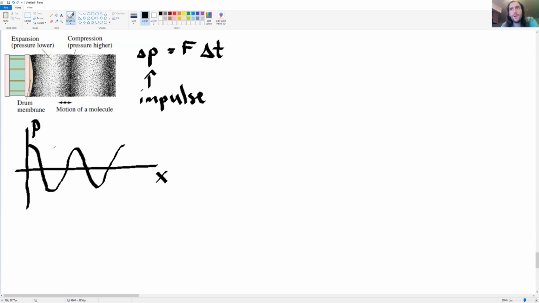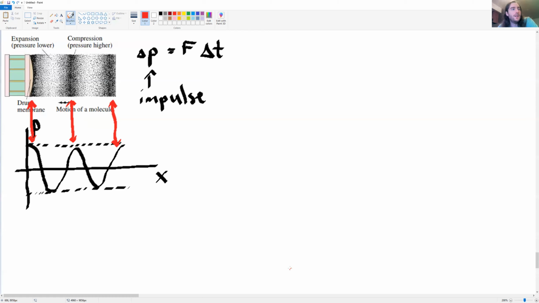Not perfect there, but these peaks are meant to be at the same height. These troughs are meant to be at the same low here. And so this region corresponds to this region. This region here corresponds to this region here. I didn't line them up perfectly, but there you go. And so there's an amplitude there, right? This thing can be written down as a sine or a cosine.